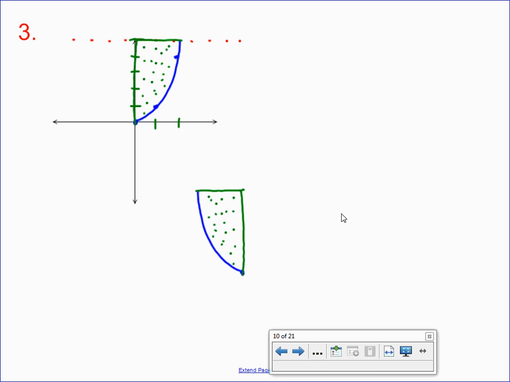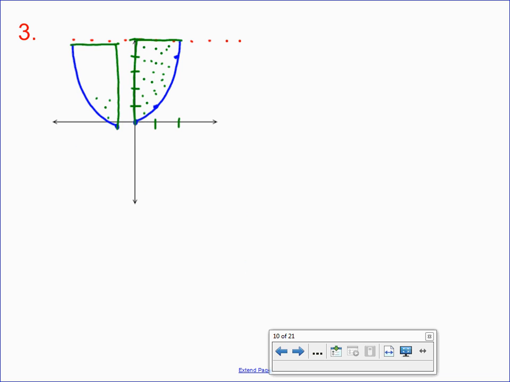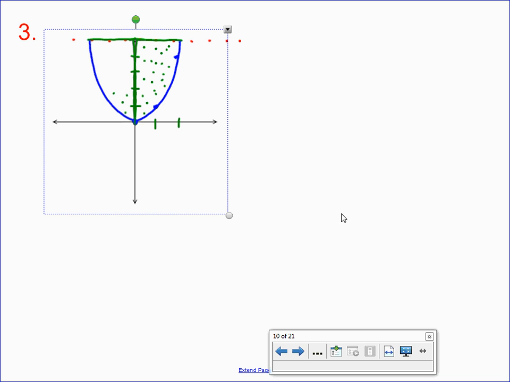That wasn't very helpful. I don't want these in there. Or that. Pretty close. So we're going to spin that about the y-axis this time.